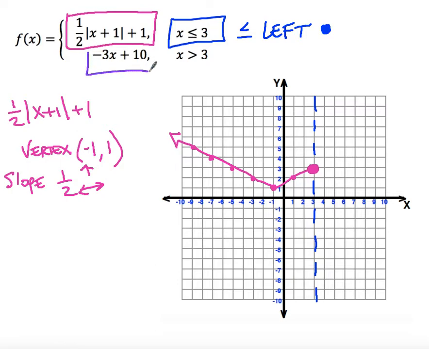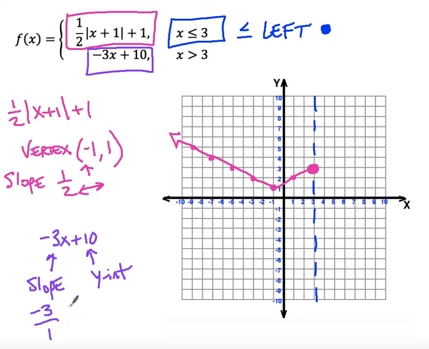Now we're going to do our other function right here, which is -3x plus 10. That's an equation of a line. So my y-intercept is 10, and my slope is -3. I can put that over 1, and remember the top number is telling me I'm going down 3. The bottom number, since it's positive, means I'm going to the right 1.